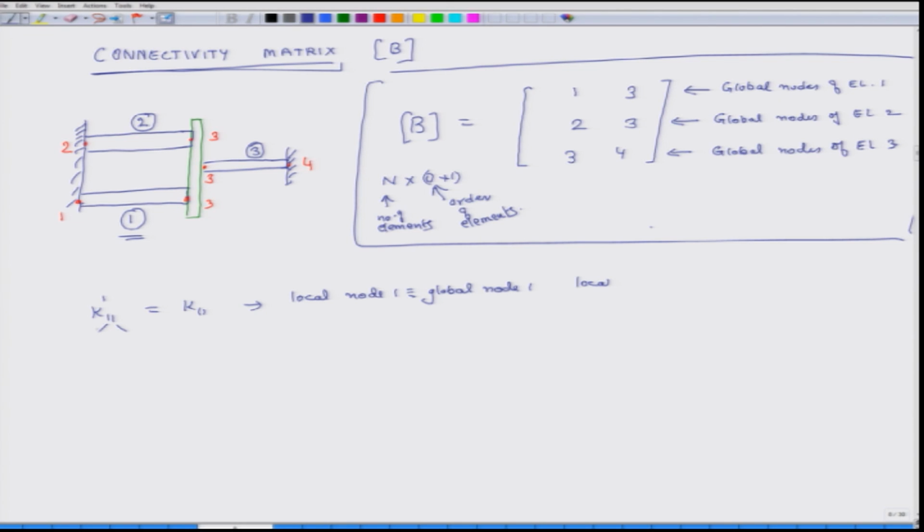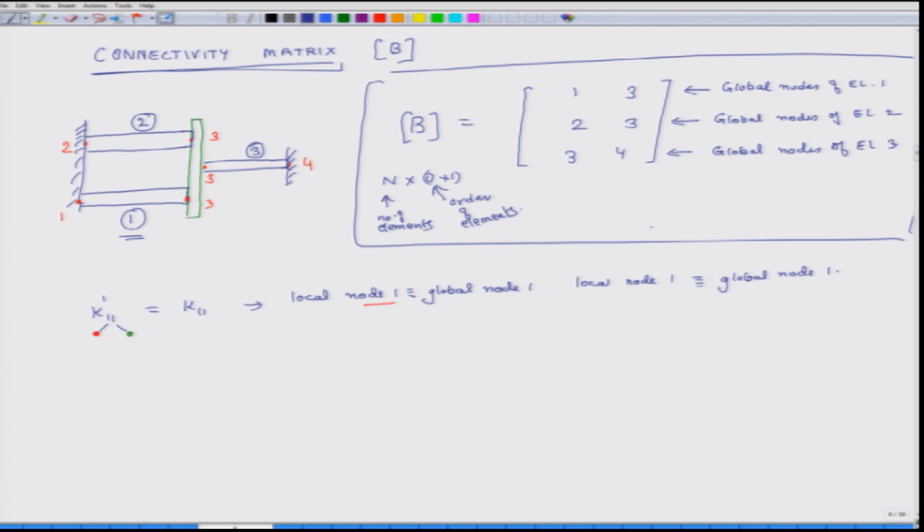So, this first index is 1, and that is the local node number, which is this. The second index is again 1, which is again the local node number, and we know that local node 1 corresponds to global node 1.